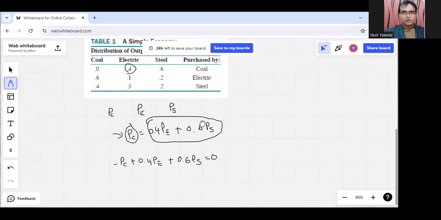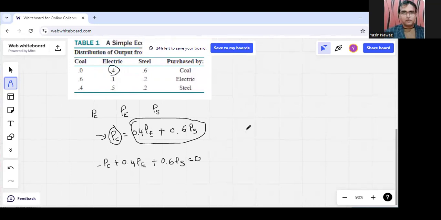Now, what about the second equation? The second equation is the output of the electric sector. Its inputs are 0.6 of the coal, plus 0.1 of the electric sector output, and 0.2 of the output of the steel sector.